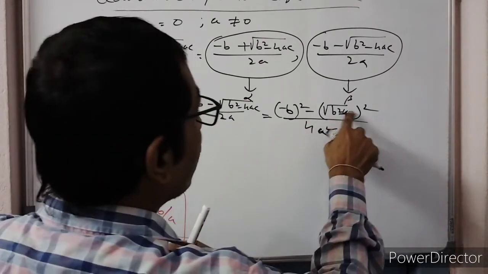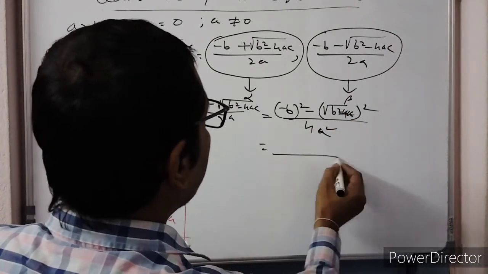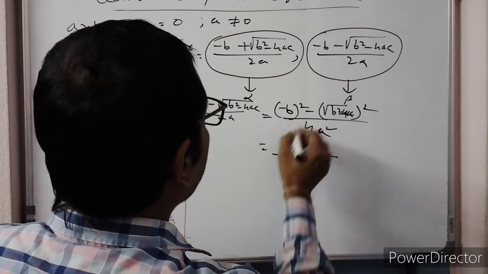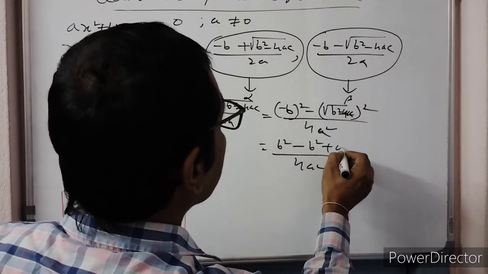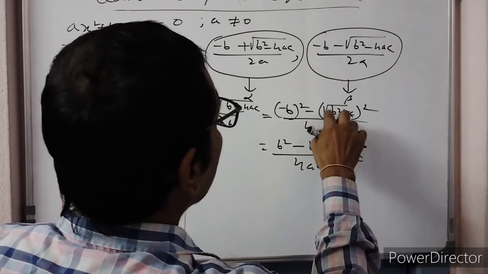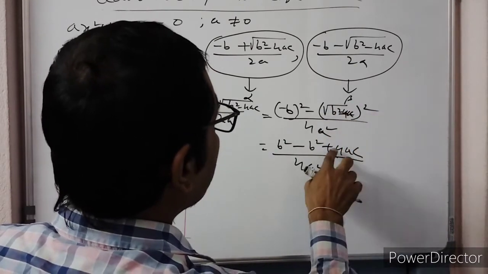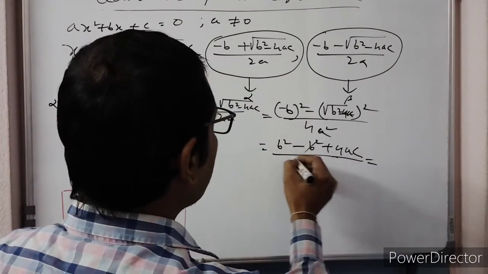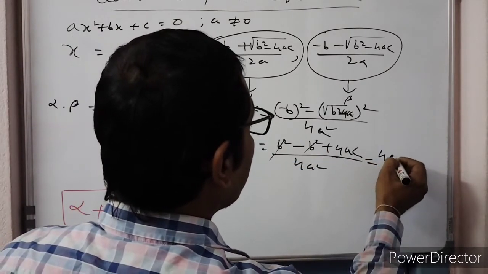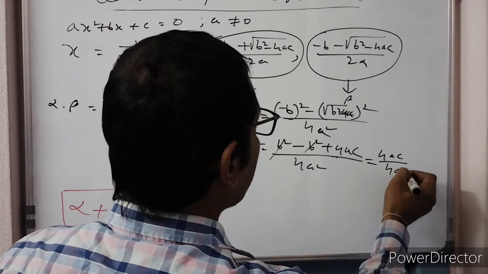So it will be b square minus (b square minus 4ac) over 4a square, which equals 4ac divided by 4a square.